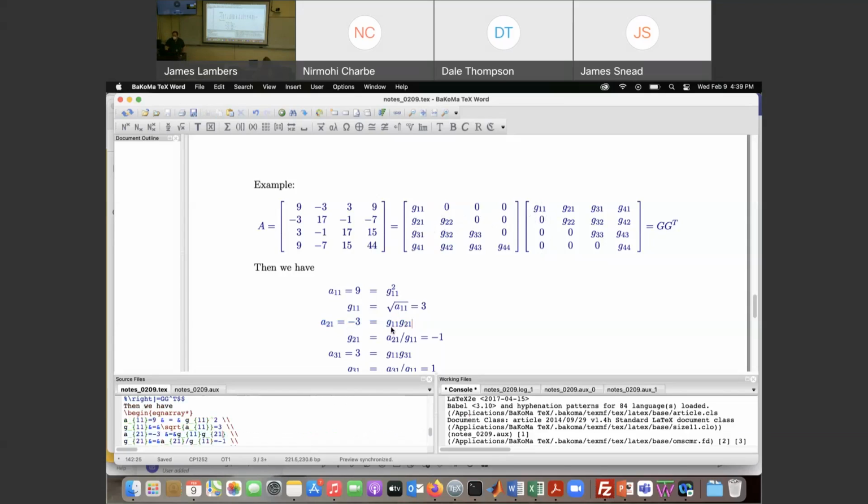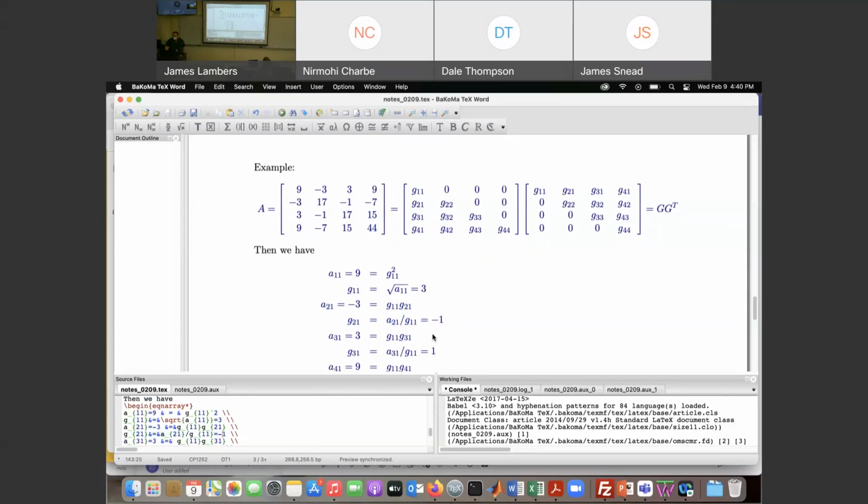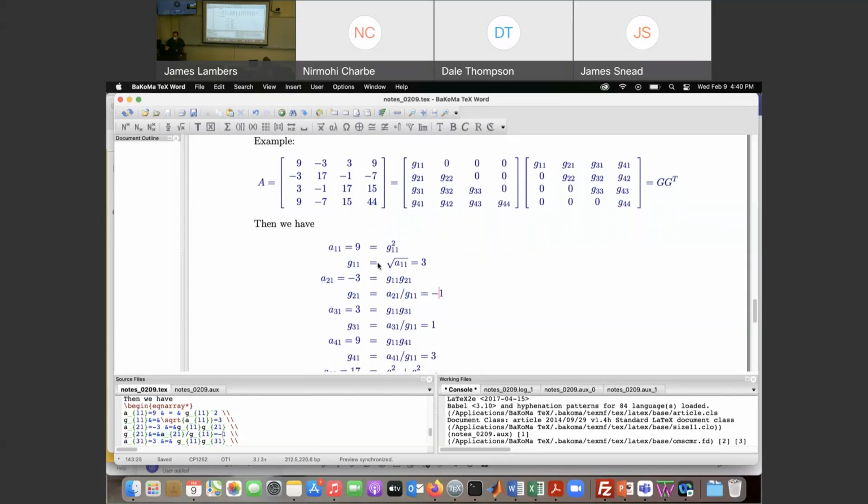And I have G11 already, so now I can just rearrange this and solve for G21 just by dividing. And I can keep going all the way down through the first column. So I can get each sub-diagonal entry of the first column of G just by dividing the same entry of A by G11. So now the entire first column is filled in.